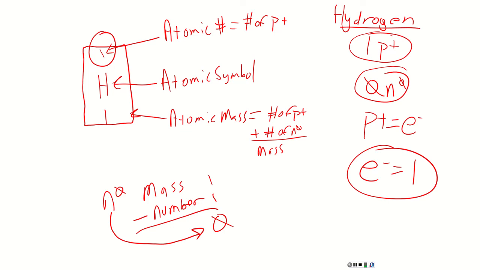Most hydrogen has 0 neutrons. Some hydrogen has 1. Some hydrogen has 2. So that's why this bottom number was not a whole number. It was 1.0079. But most hydrogen has 0 neutrons.